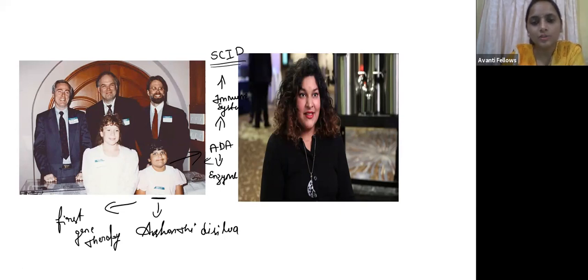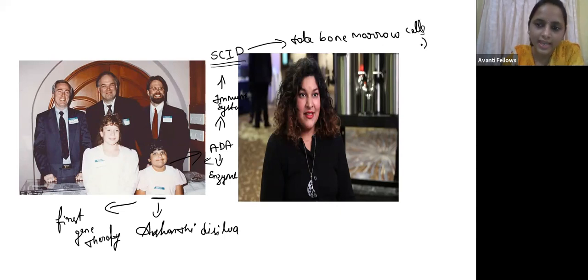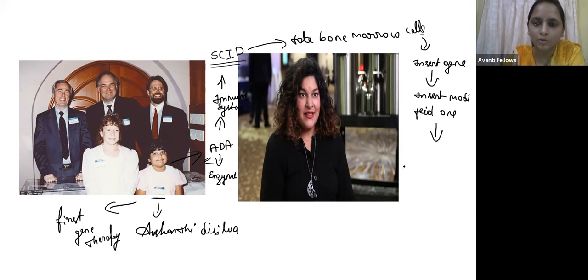For example, they can take bone marrow cells and insert a gene, then put that modified or recombinant one back into the bone marrow.